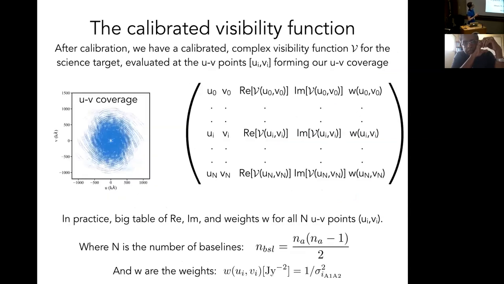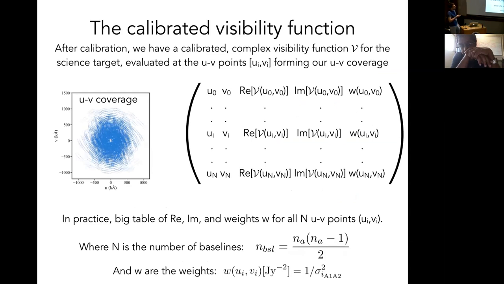All right, so what does the calibrated data set actually look like? So what we're going to have at the end of all of that nightmare of a calibration is a big table of UV coordinates, U and V, of N points.